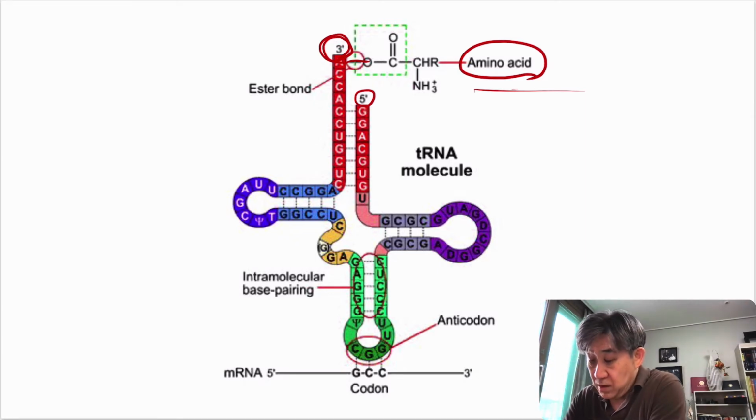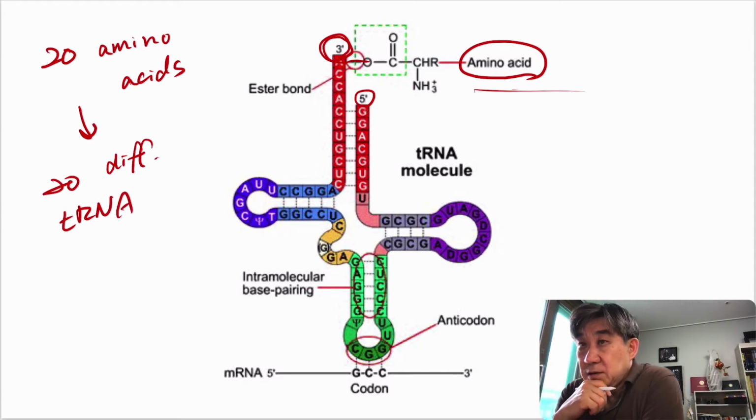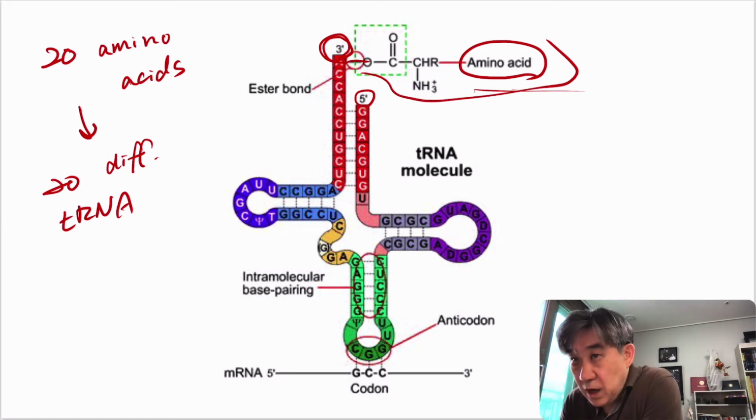Since we have 20 different amino acids, at least we should have 20 different transfer RNAs, each of which can recognize and then deliver its amino acid after hooking up to the ribosome.